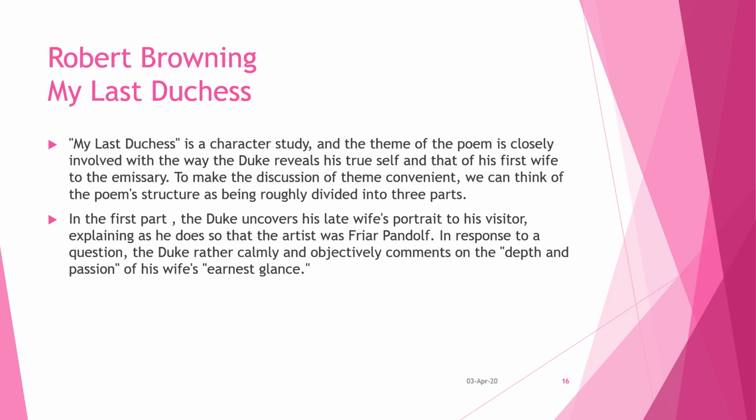In the first, the Duke uncovers his late wife's portrait to his visitor, explaining as he does so that the artist was Frau Pandolf. In response to a question, the Duke rather calmly and objectively comments on the depth and passions of his wife's earnest glance.